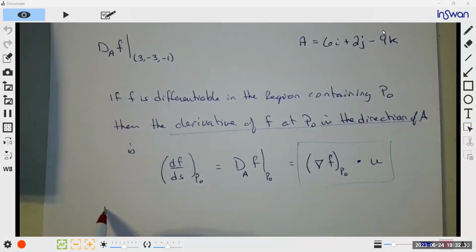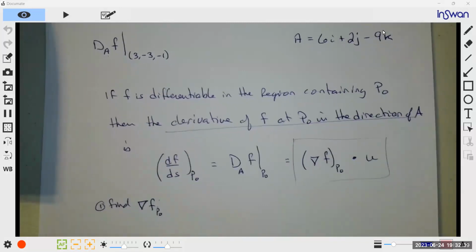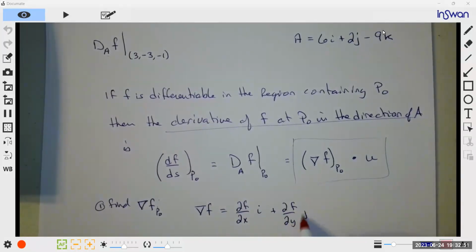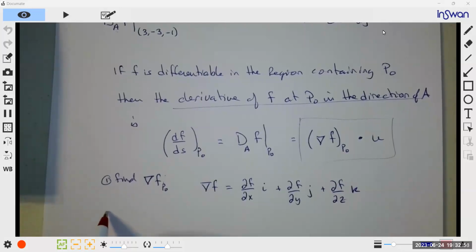First step, find del f at p sub 0. Del f is partial of f with respect to x, i, partial of f with respect to y, j, partial of f with respect to z, k. So let's look at our function and the derivative with respect to x.